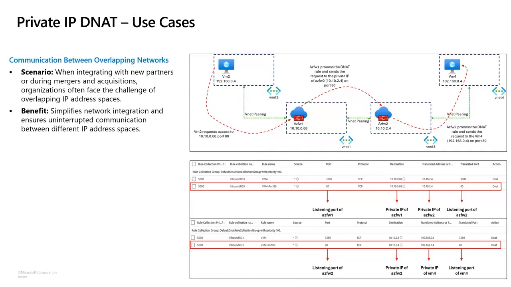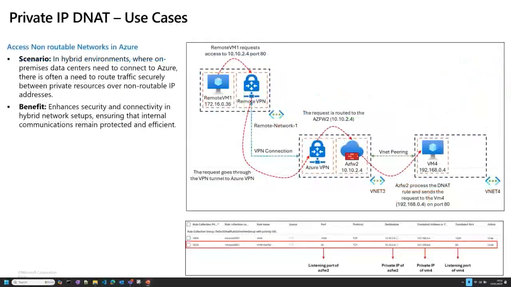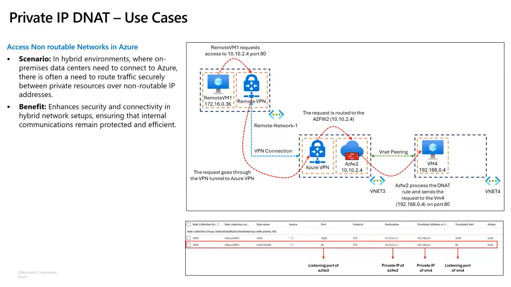For our second use case, this is for access to non-routable networks in Azure. This is where a resource from a remote network is trying to communicate to another resource sitting in a different VNet or vice versa, and there's no direct routing between those networks.